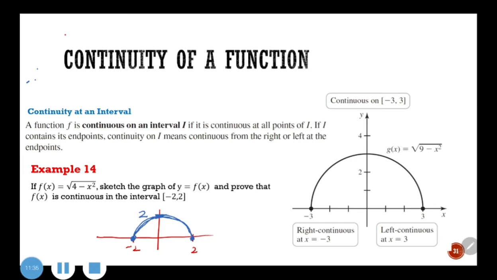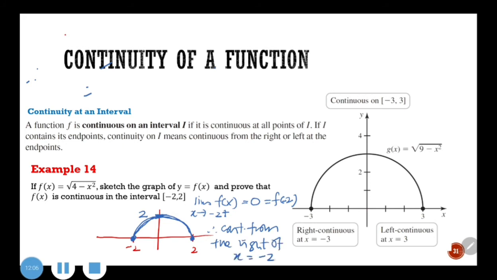So to prove that it's continuous in the interval [-2, 2], maksudnya you buktikan lah limit fx as x approaching -2 from the right is equals to 0 and is equals to f(-2). So meaning that continuous from the right of x equals to -2.